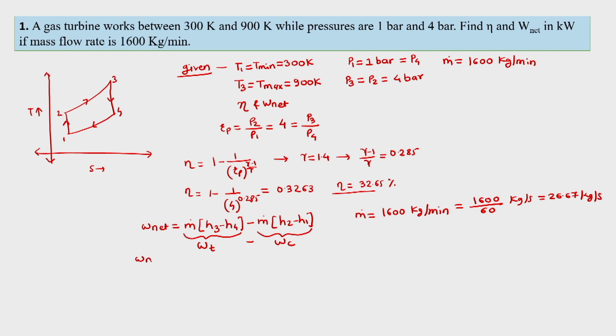So W net is equal to m dot, and then we can take Cp common from everywhere, so it is T3 minus T4 minus T2 plus T1. Here T3 and T1 are known, but we don't know T2 and T4.